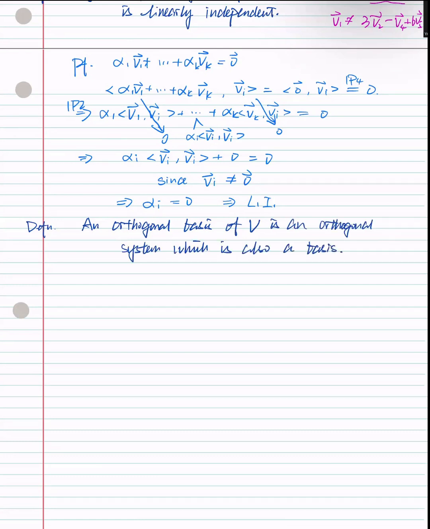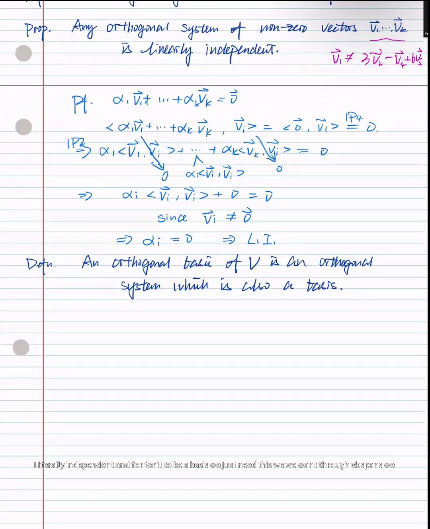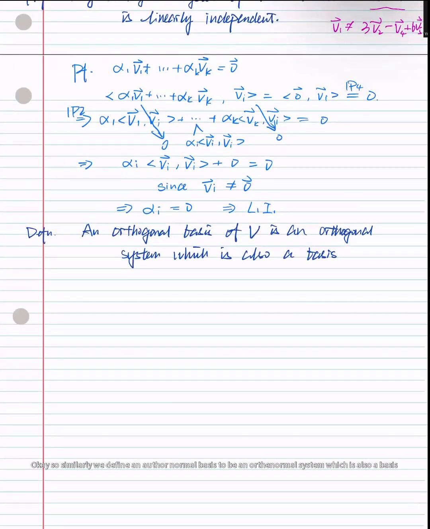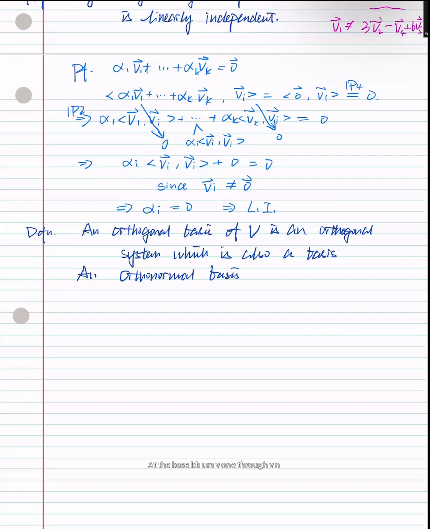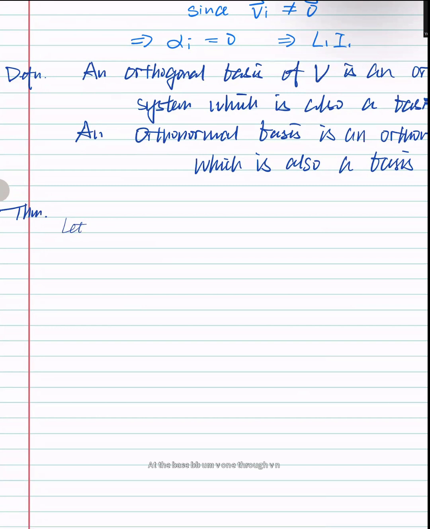We've already proved that orthogonal systems are linearly independent, so for it to be a basis, we just need V1 through Vk to span V. Similarly, we define an orthonormal basis to be an orthonormal system which is also a basis.